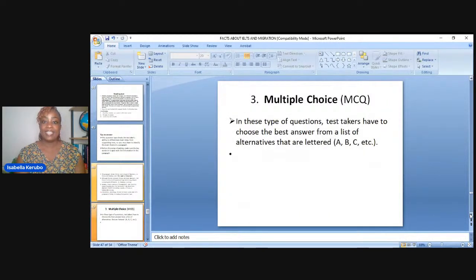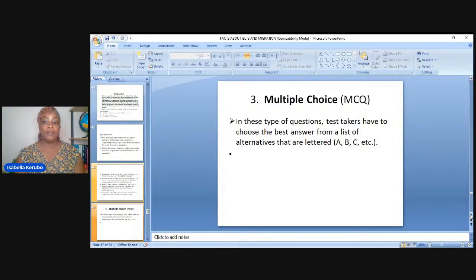All right. The third question type that is also challenging to most test takers is the multiple choice questions. This is where you are required to choose the best answer from a list of alternatives.